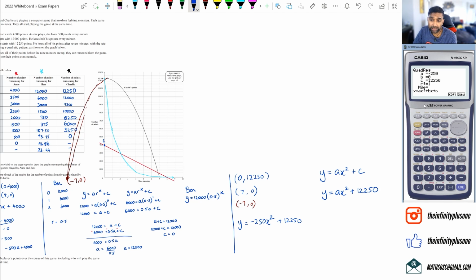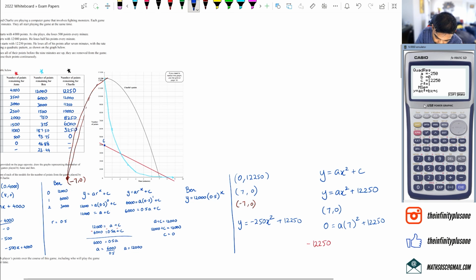Now we need to figure out what the a value is, and to do that we're going to substitute a point, and we're going to choose 7, 0. So when we choose 7, 0, we get 0 equals a times 7 squared plus 12,250. Rearrange this and we get negative 12,250 is equal to a times 7 squared. 7 squared is 49.